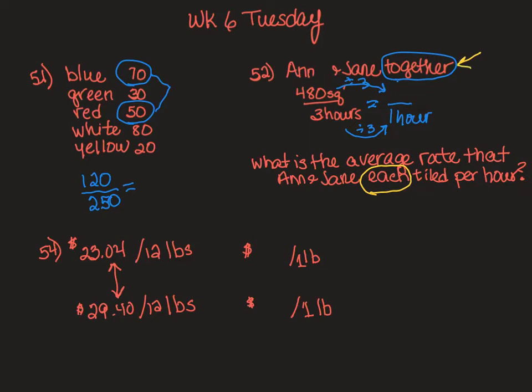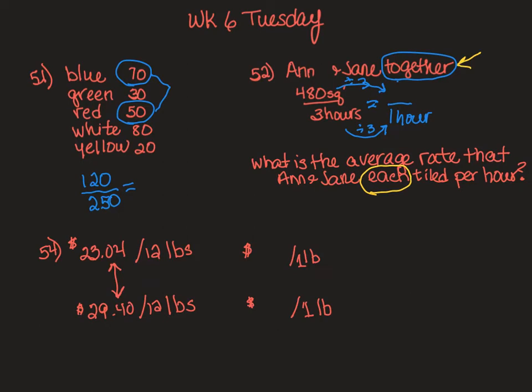We don't want their rate together. We found out what they did together in 1 hour. Now we want to know if they did it evenly, which it says they did. They each got the same amount. What would their average rate be per hour separately? So you need to make sure that you're finding the answer that answers that question.